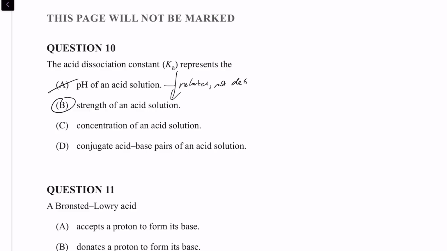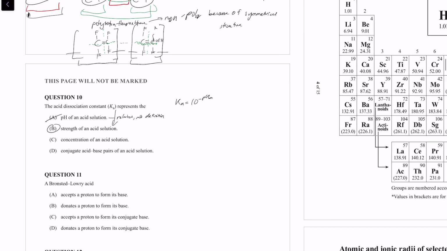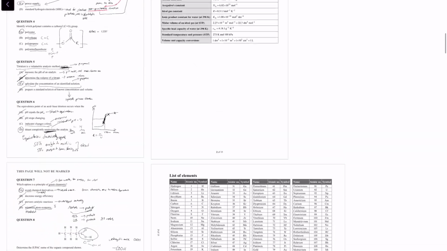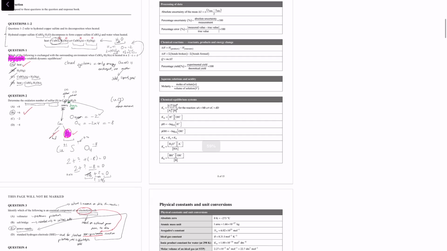Okay, because we know Ka is just, sorry, Ka is 10 to the negative pKa. Yeah, that's on the formula sheet, I think, as well, or maybe a derived version of it.